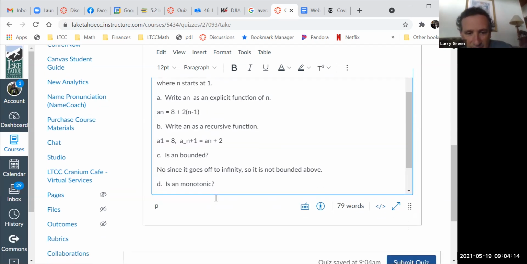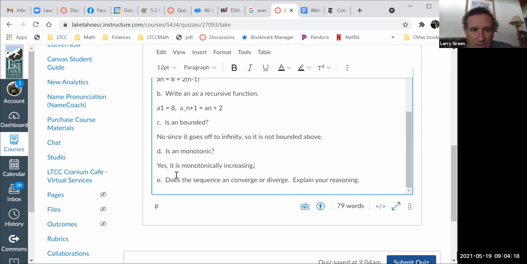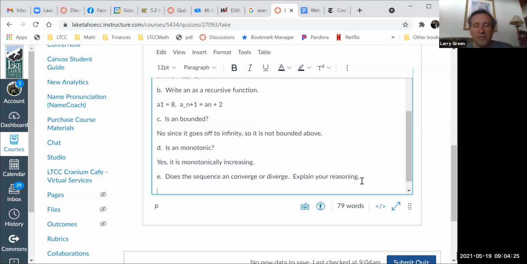Okay, let's do the next one, which is the last one. Does the sequence converge or diverge? Explain your reasoning. What's the answer to this one? Converge or diverge? Yeah, this one diverges.